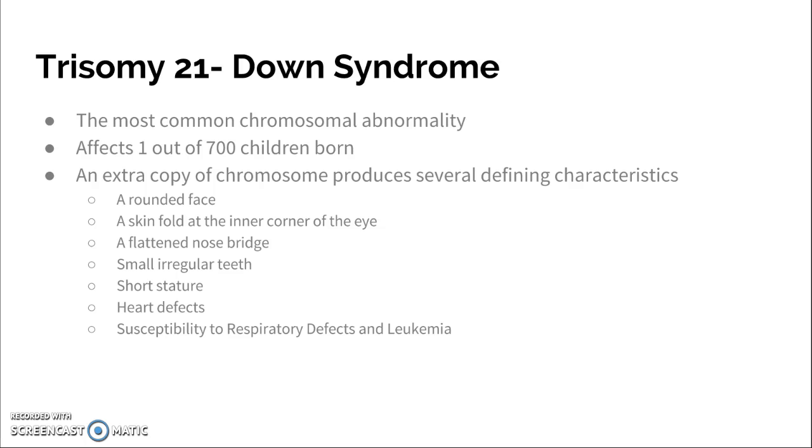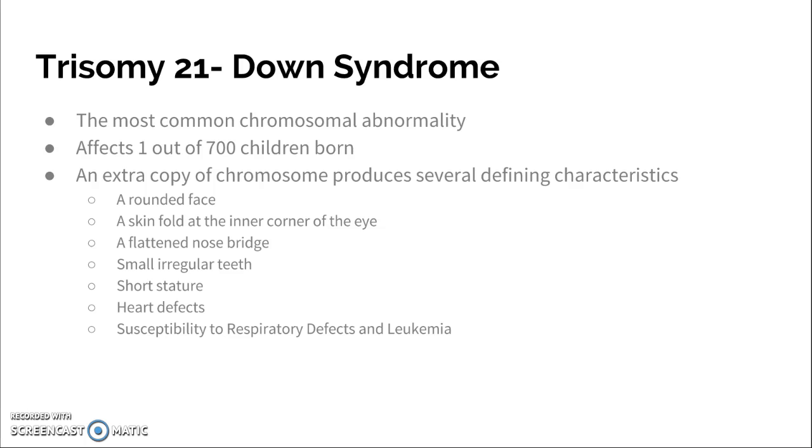Someone with trisomy 21 has a rounded face, a skin fold at the inner corner of the eye, a generally flattened nose bridge, small irregular teeth, short stature, and heart defects, and they are susceptible to respiratory defects and leukemia.